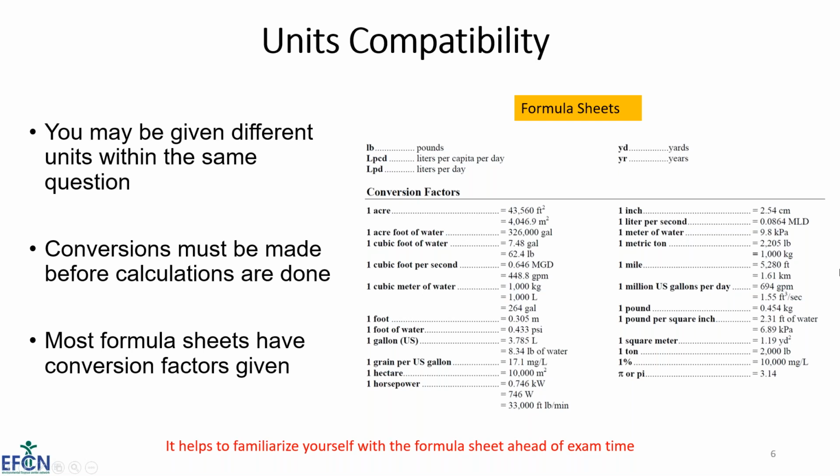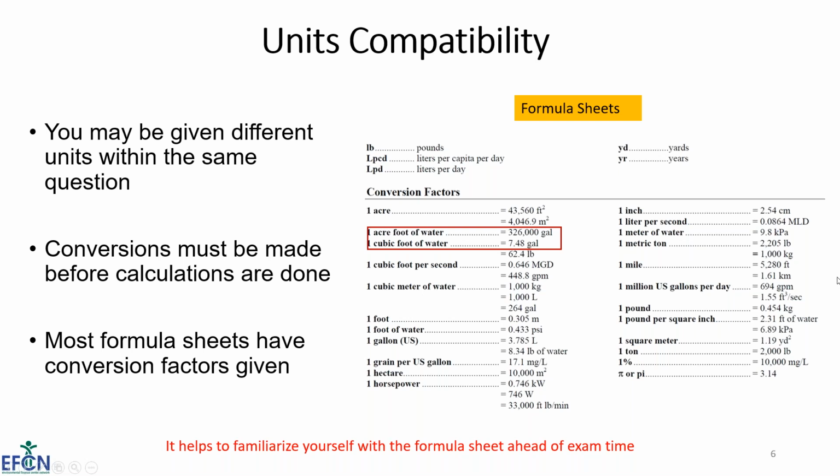To be able to do this, most examiners will give you a formula sheet similar to this one here on the screen. Therefore, you do not need to memorize all these formulas or conversion factors, but it helps to familiarize yourself with the formula sheet that will be given to you during testing, and make sure you know where to find the important formulas you'll be using in your math calculations.